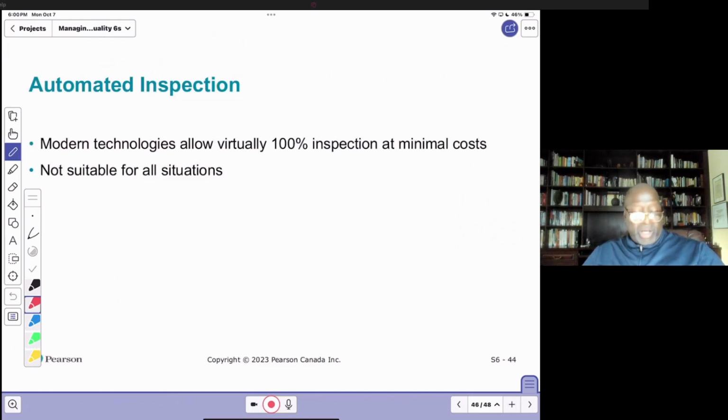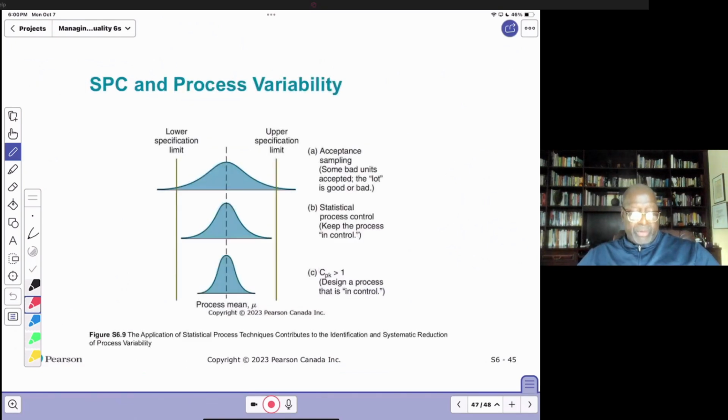All right. Nowadays with quality management, automated inspection is becoming increasingly used, which allows for 100% inspection. So you no longer have to think about just inspecting samples. You could use automation to inspect all of your values. So SPC and process variability: we talked about the idea that a process could be in control, but its variability is such that it could be a non-capable process.